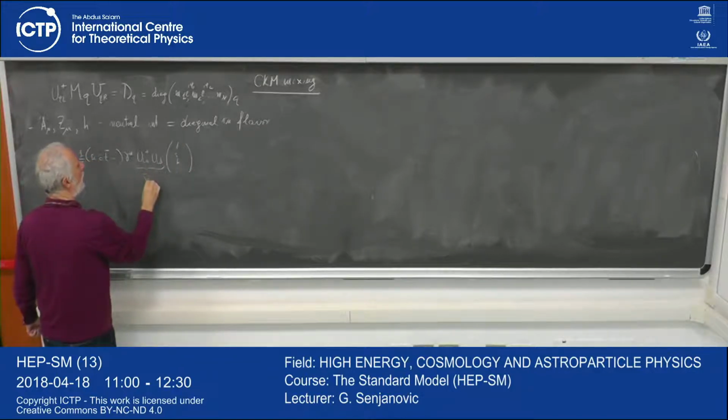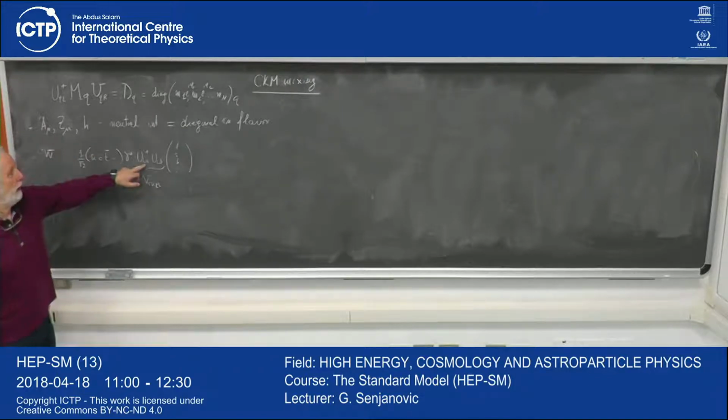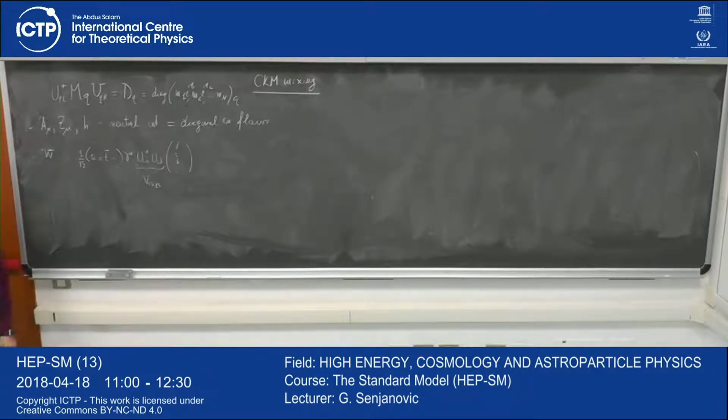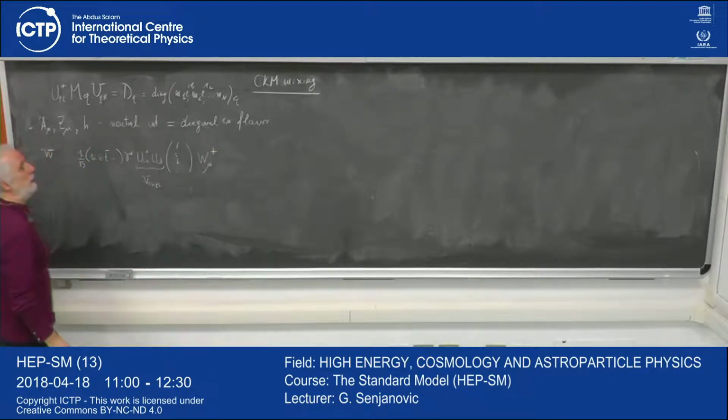And this we call V_CKM. In the neutral interactions, you will always get U dagger U. But because this guy takes up to down, then it also does with the mixings.